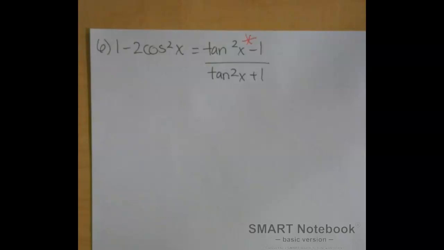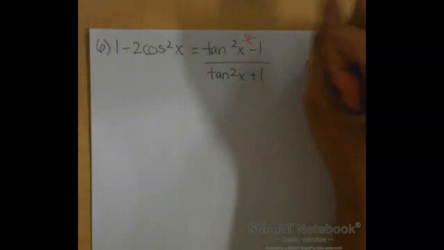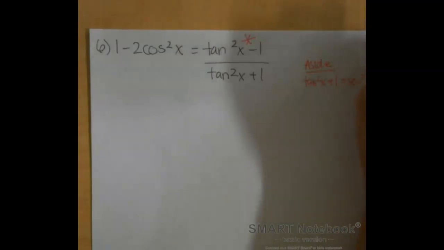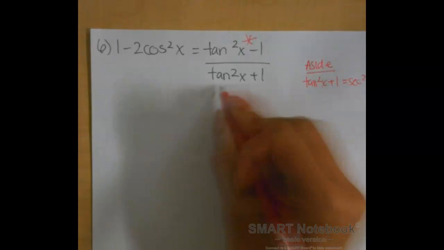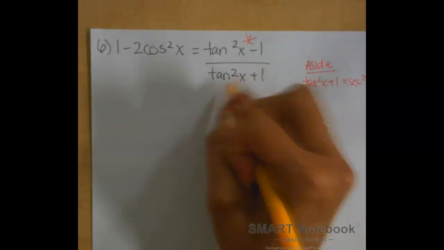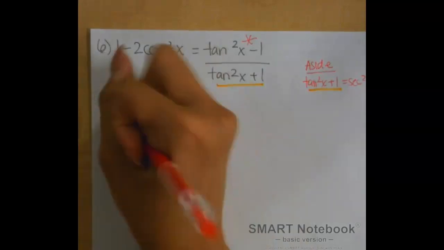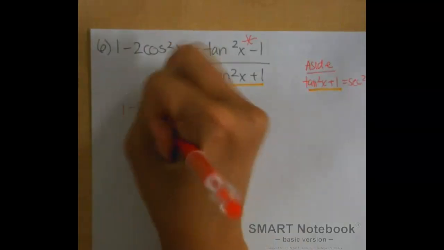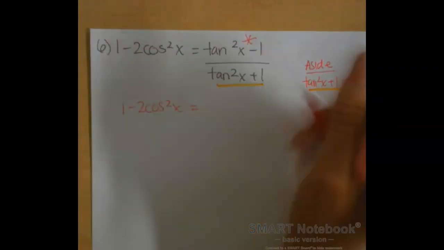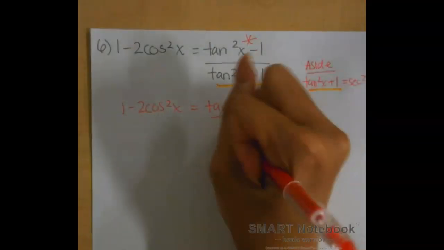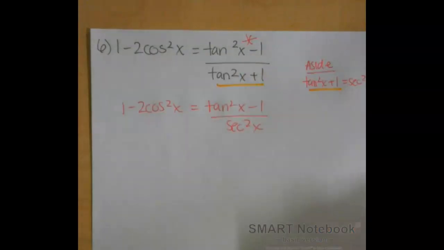We can rewrite, for our aside information, that tangent squared x plus 1 is going to equal secant squared x. So we can replace this denominator, tangent squared x plus 1, with secant. We can just replace it. So we're going to rewrite this as 1 minus 2 cosine squared x equals, we'll have that numerator over secant squared x. Okay, now what?